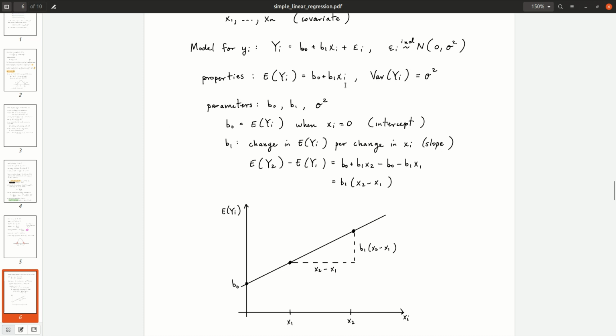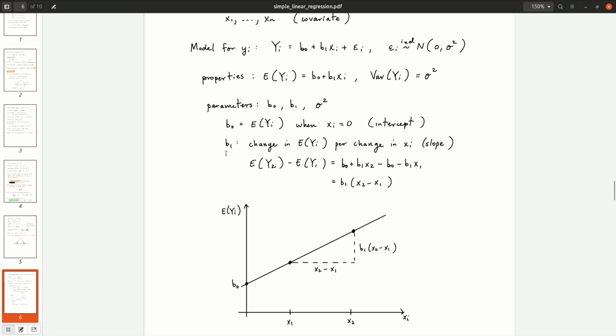If we wanted to isolate b0, we can plug in xi equals 0, and then we would get the expected value of yi equals b0. So the interpretation of b0 is the expected value of the response when the covariate is equal to 0. This thing we call the intercept. It's what you expect to get when you plug in a 0 for the covariate.